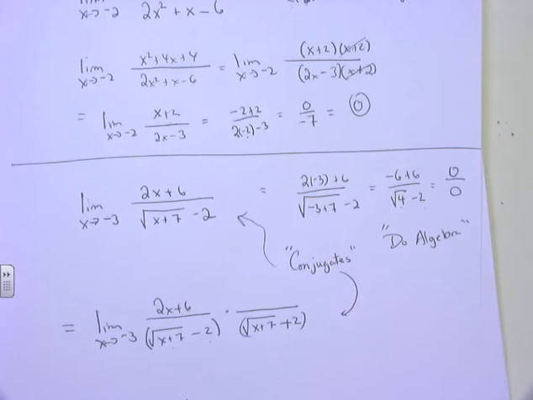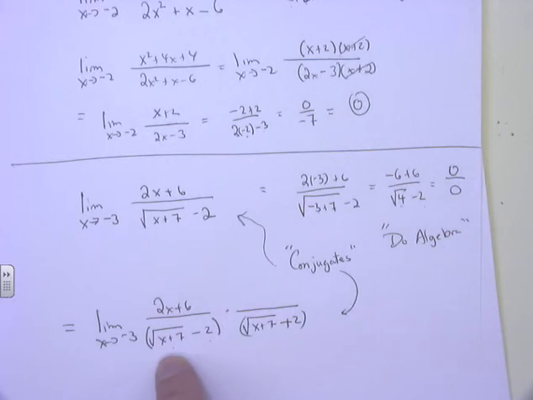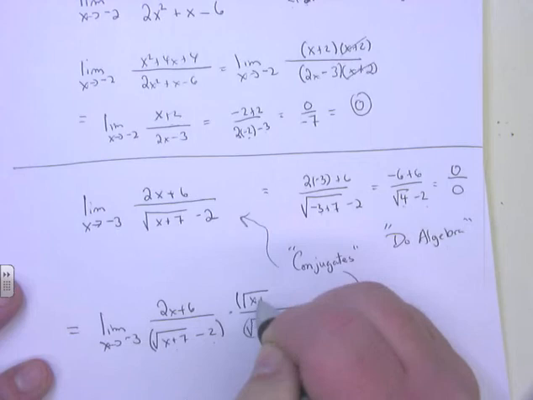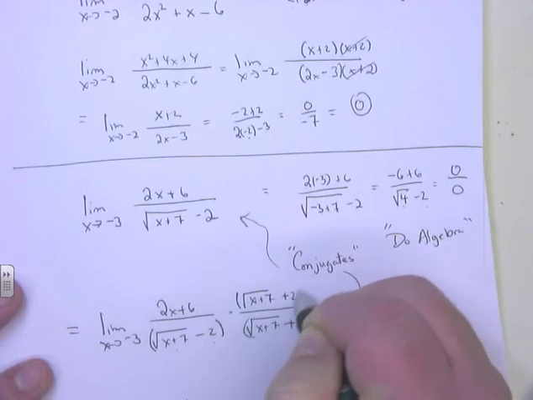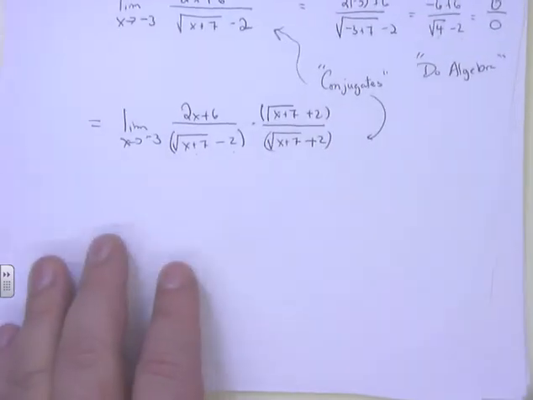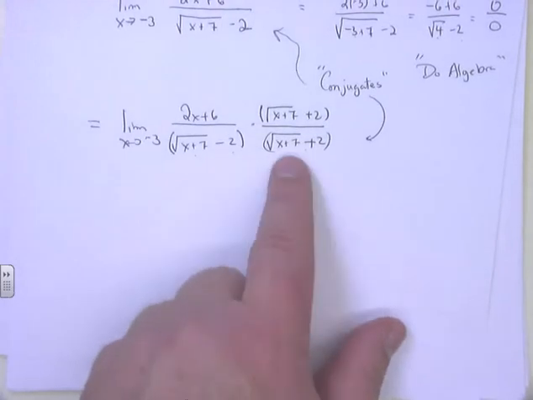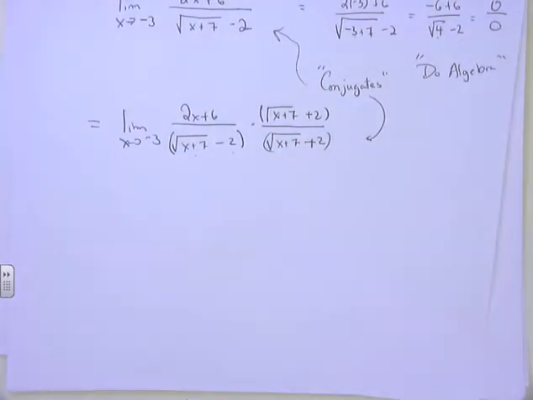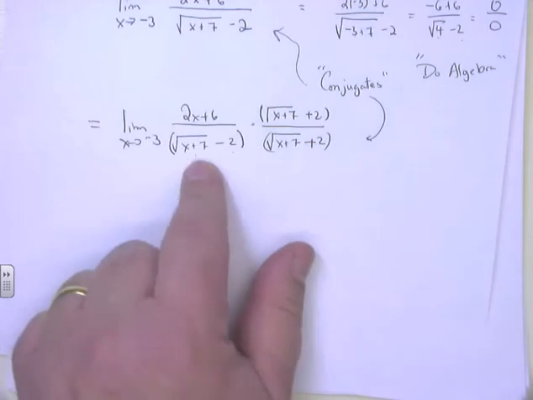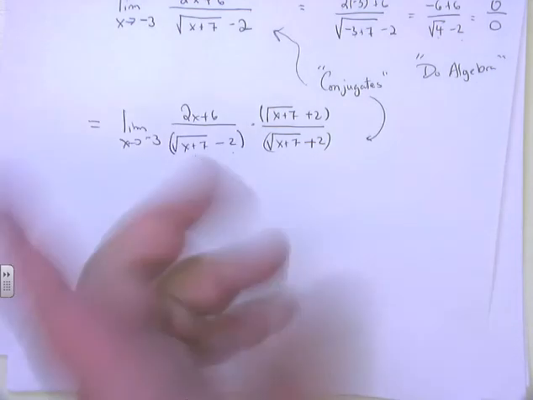But this is not an equation. So we've got to do this algebra thing of simplifying. Whatever I do to the denominator, I also have to do to the numerator, which means I'm actually multiplying by a ratio of 1, which officially does not change my problem. So I'm multiplying by the square root of (x + 7) plus 2 on the bottom, and I'm going to multiply by the square root of (x + 7) plus 2 on top. The conjugate of the original problem, in this case, the radical.